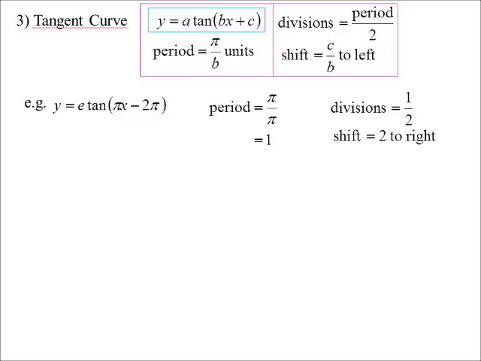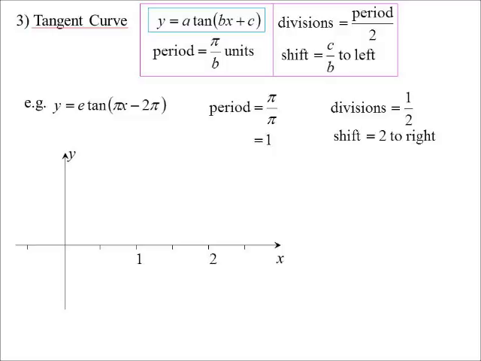Oh, that's lucky. That's a multiple of the divisions, so I don't have to worry about that. All right, let's draw it in. Mark off my divisions. I don't have to worry about amplitude. So really, the fact that I put e out the front is irrelevant. Because if I don't put a scale on my y-axis, it doesn't matter. I can still just draw the same tan curve.